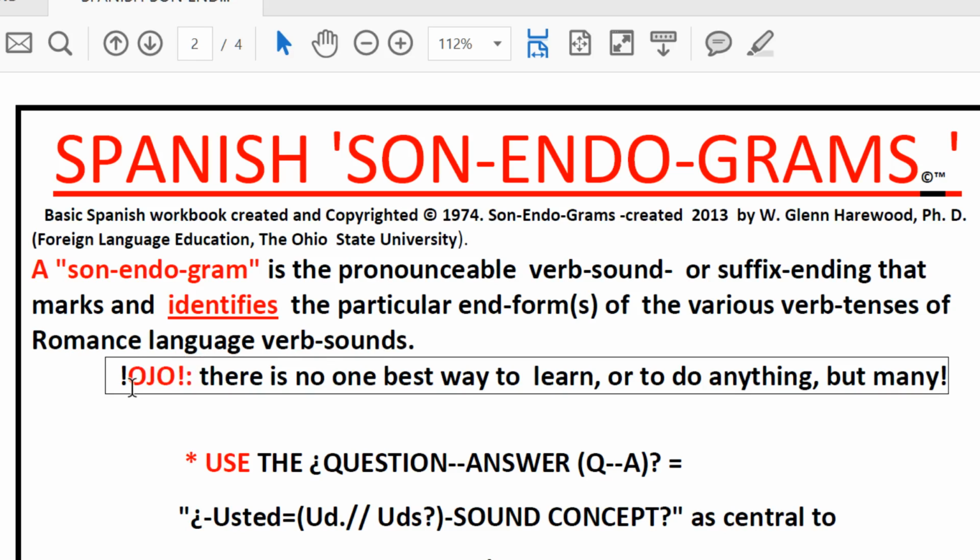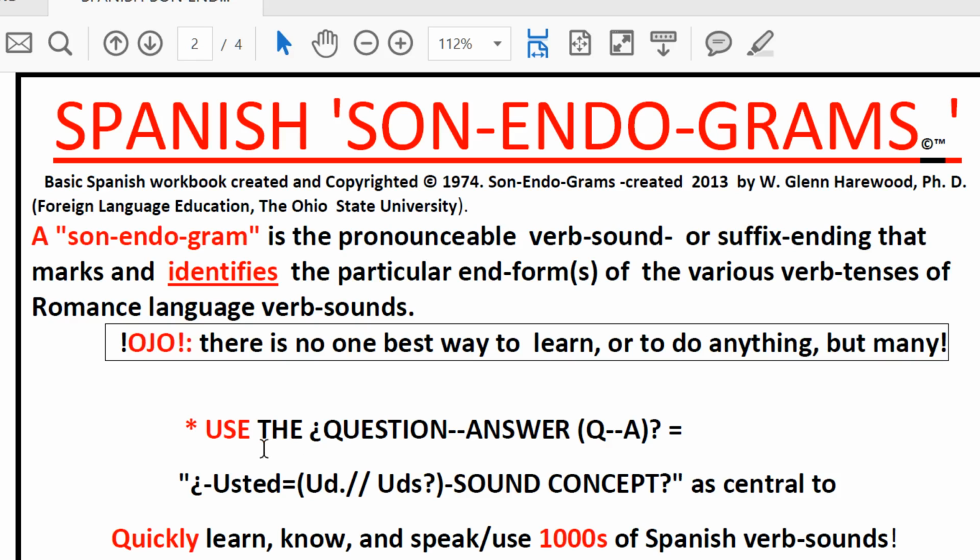Now, ojo, there is no one best way to learn or to do anything, but many. Use the question answer, that is the usted singular, ustedes the plural forms.